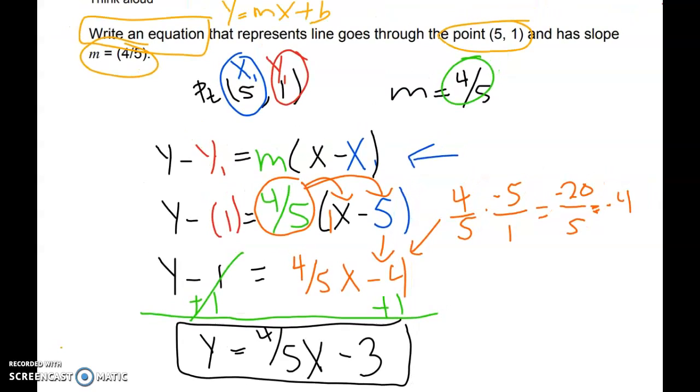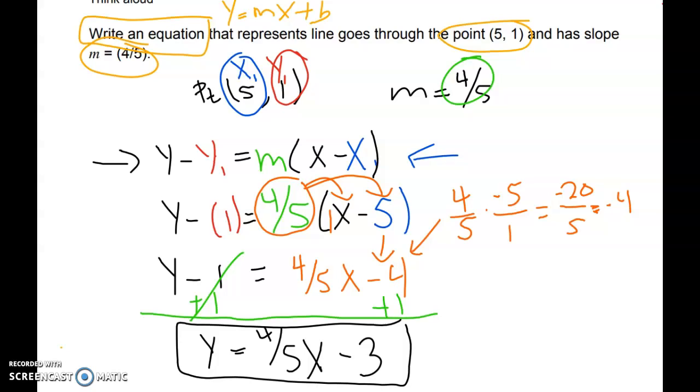Just to recap what I did, I grabbed my key information that I needed. I know I needed the point. I know the point has an x and y value, so it's going to be x1, y1. I grabbed the slope, which was given to me, and then I put it in this new equation that I introduced to you today. It is called point-slope formula, and I put all the key information I need inside that formula.